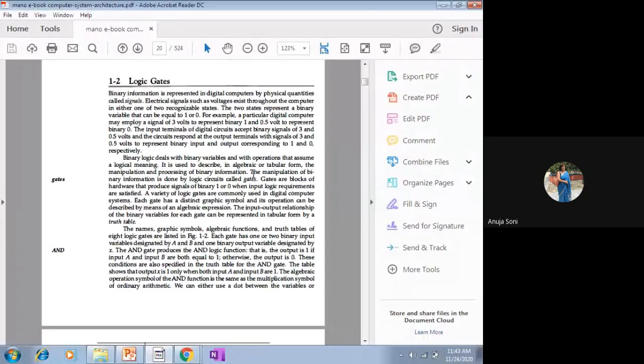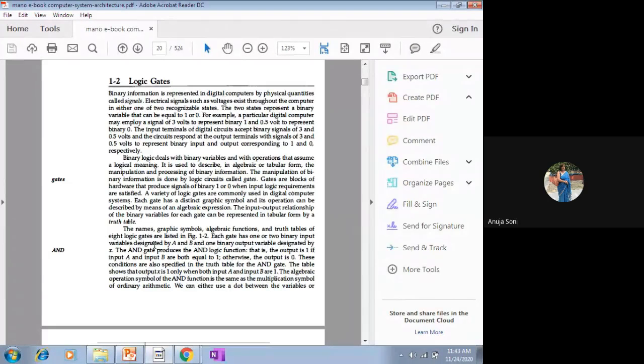For that purpose, we come up with the logical circuits, the minimum block of logical circuits, which are called gates. The manipulation of binary information is done by logical circuits called gates. These are the smallest unit of logic hardware. Gates are blocks of hardware that produce signals of binary 1 or 0 when input logic requirements are satisfied.